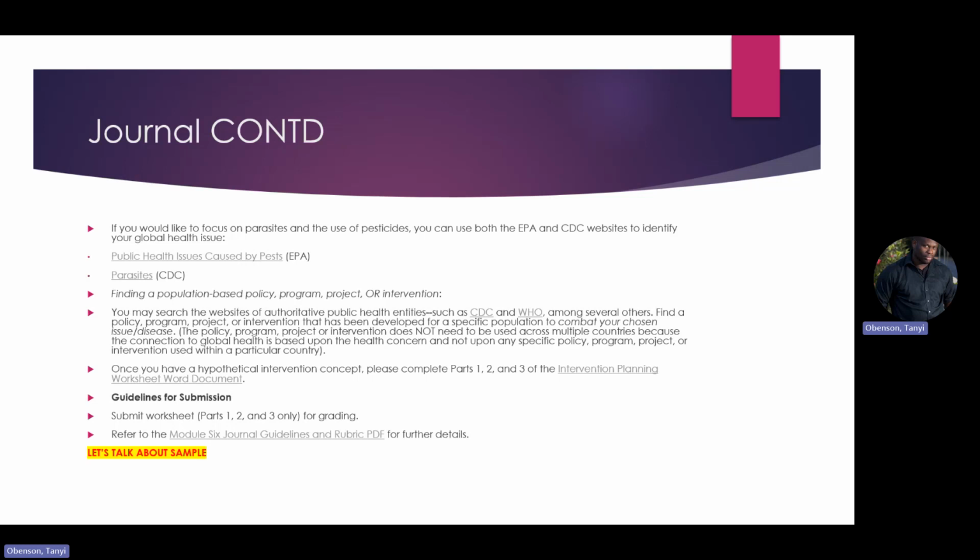If you'd like to focus on parasites and use of pesticides, you can use both the CDC and the EPA website for that. So let's go ahead and talk about a sample.